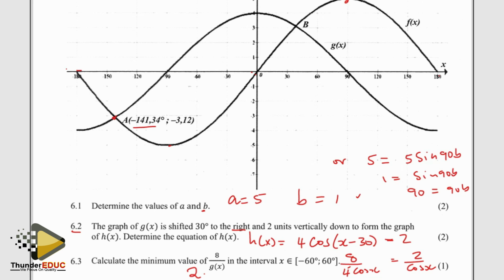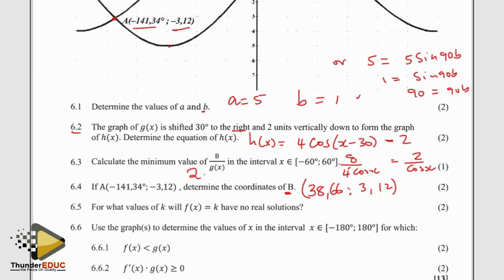So if I add 180 to that, negative 141.34 plus 180, I'm getting 38.66, which must be in between 30 and 60. Okay, so 38.66. Y values just have to be the same. This is negative 3.12, then that has to be a positive 3.12.